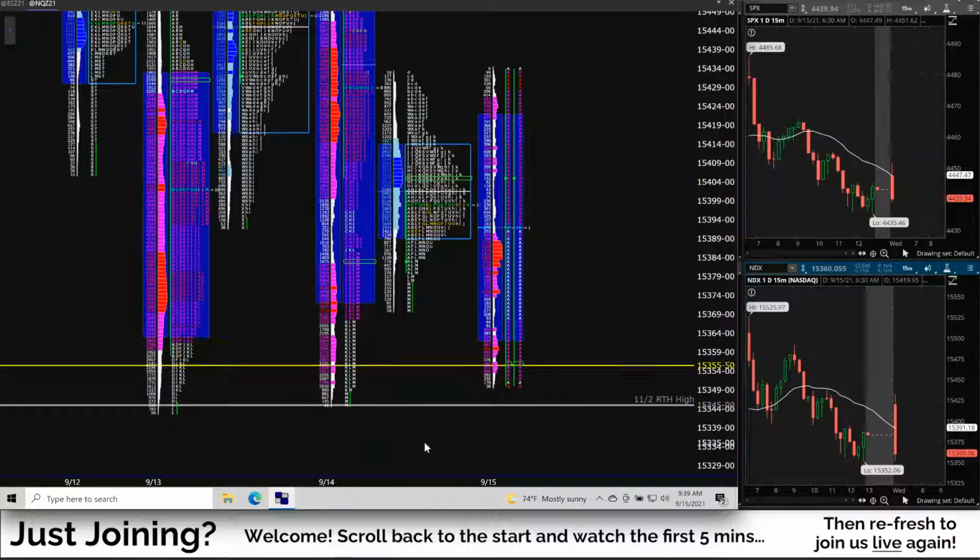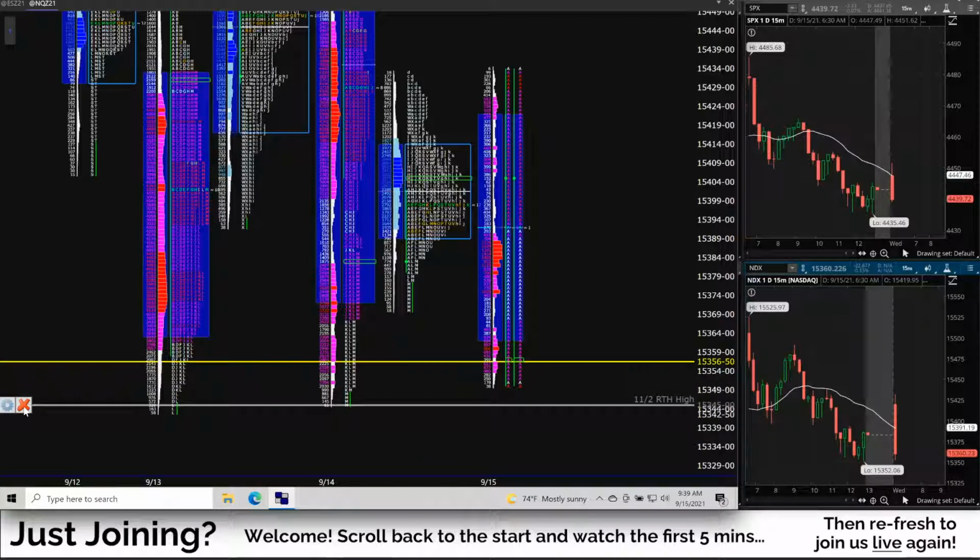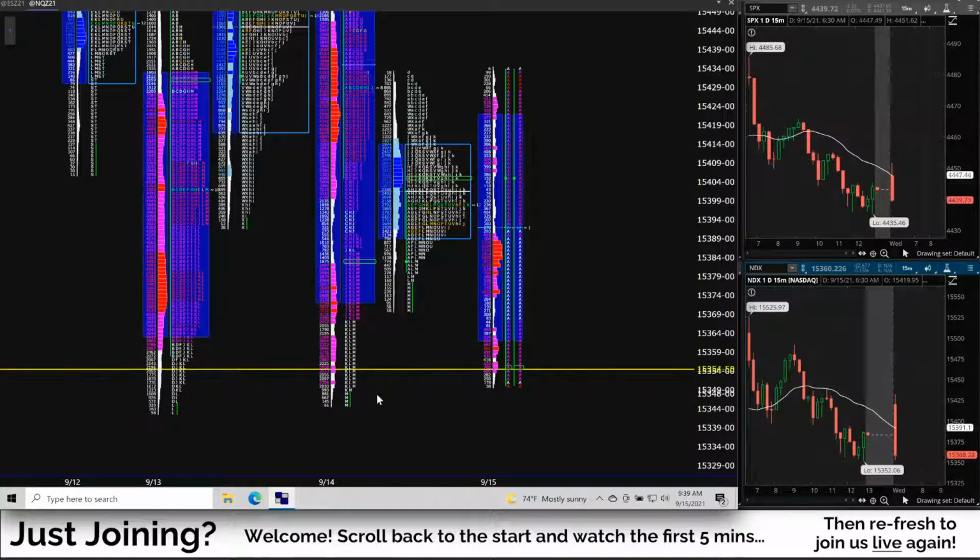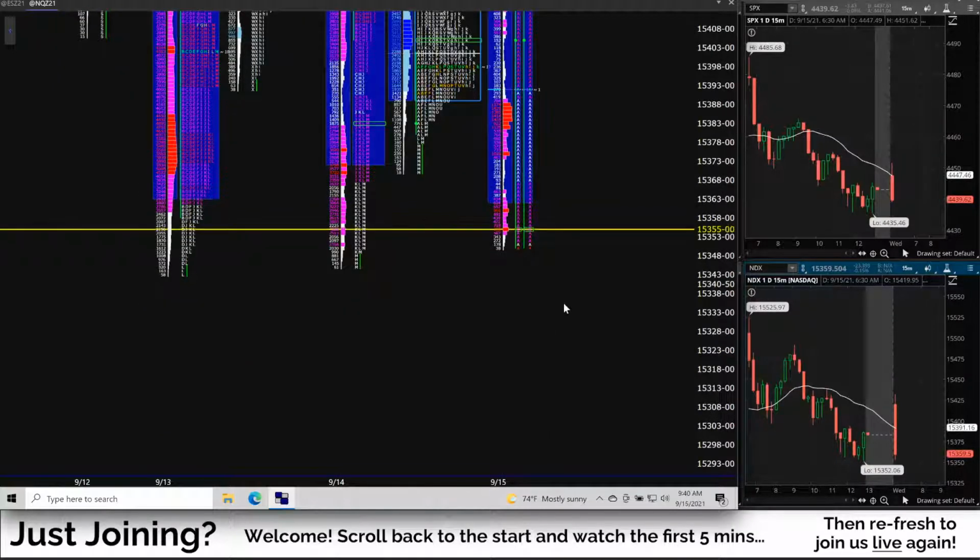Nope, it was good. Good low yesterday, made in the M period. So your resistance is going to be obviously this node where it pushed below and then it created resistance right around 15,384. But it does look like the NQ wants to sell off further down. They both do.